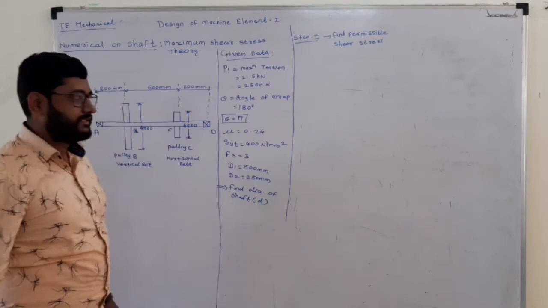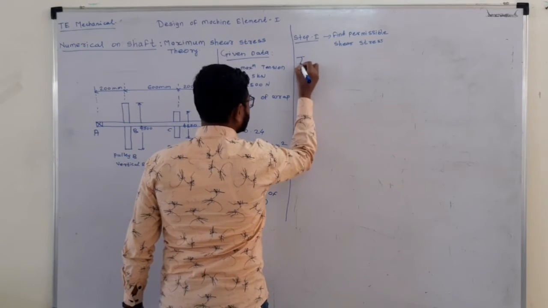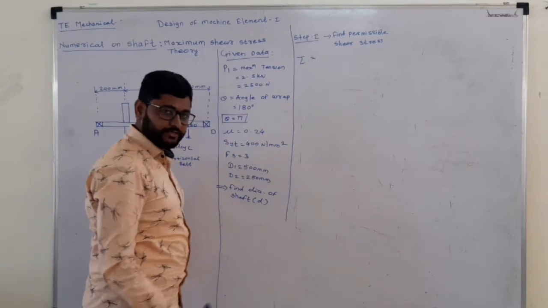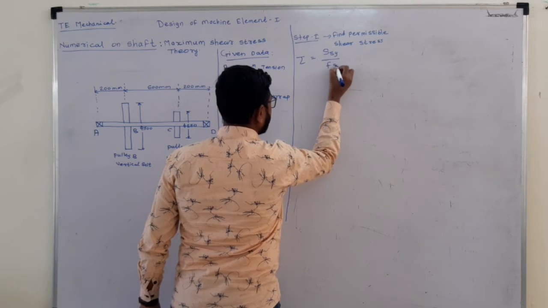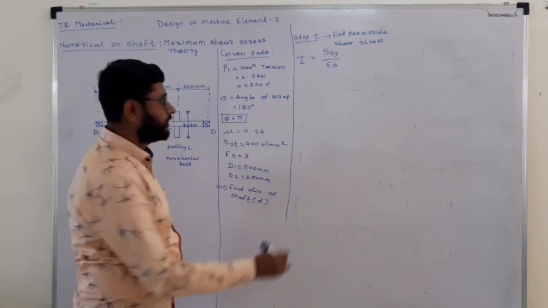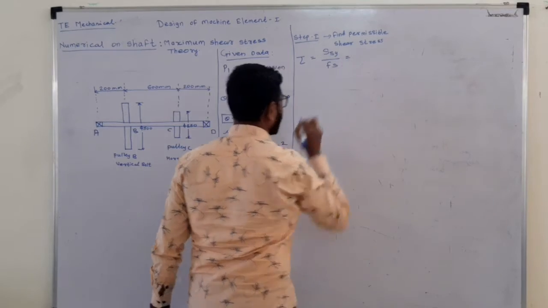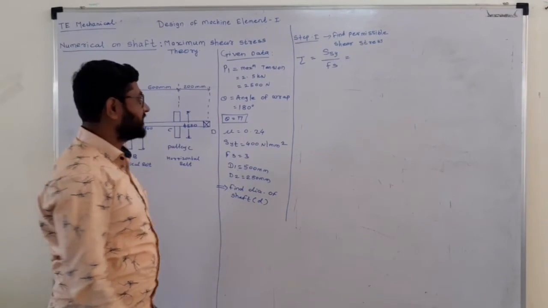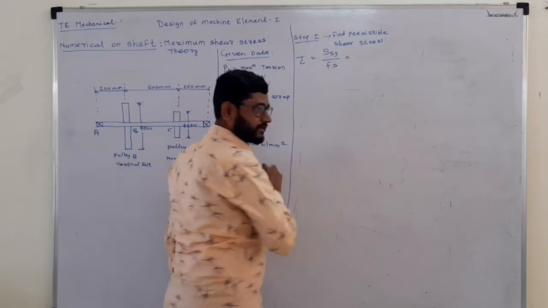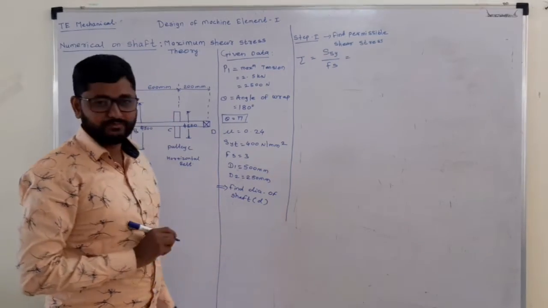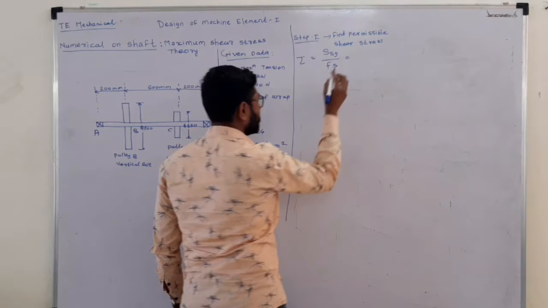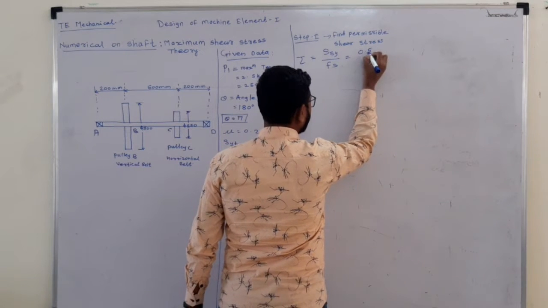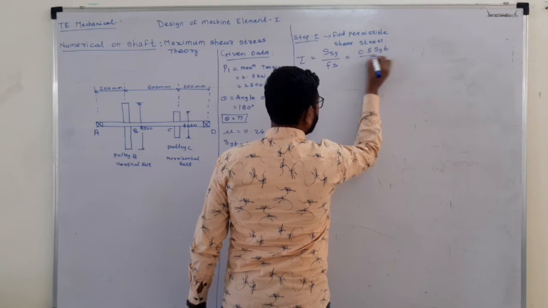The formula is: permissible shear stress tau is equal to Ssy upon factor of safety, where Ssy is the yield strength in shear, and Fs is the factor of safety. For maximum shear stress theory, this Ssy is nothing but 0.5 SYT.